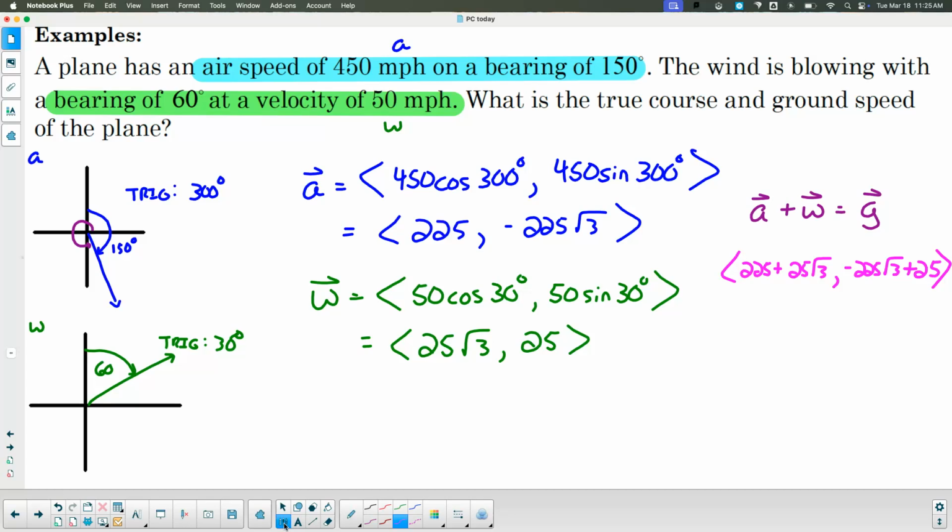Which is going to be approximately 268.301 and negative 364.711.